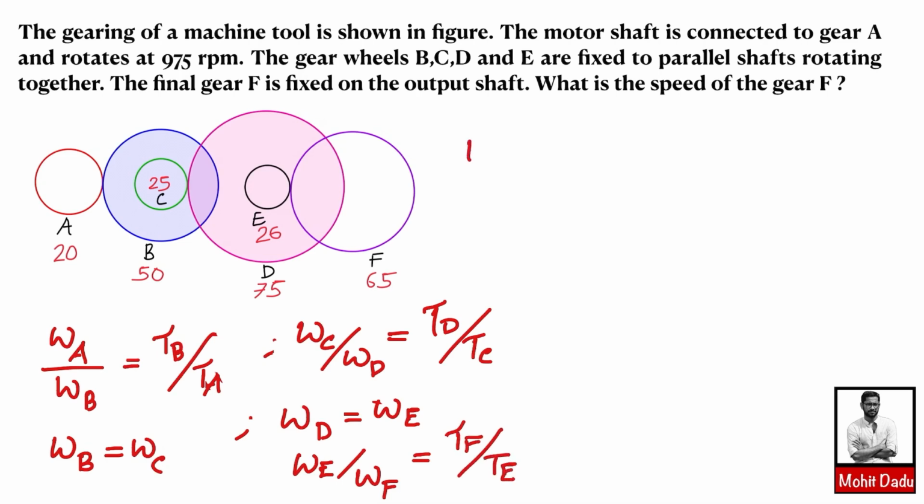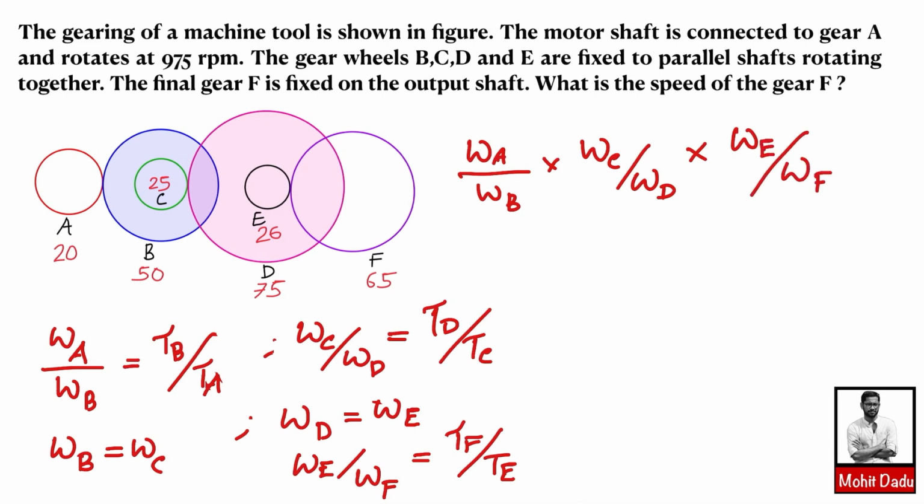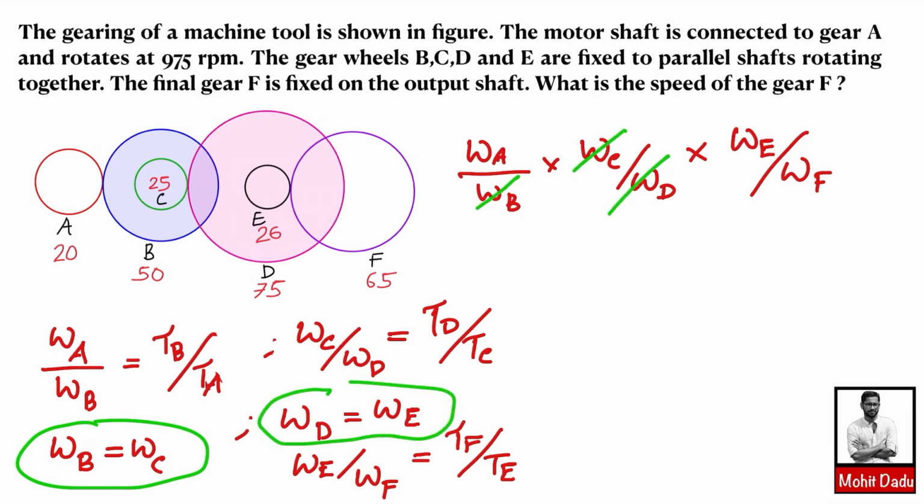If you multiply omega A by omega B into omega C by omega D into omega E by omega F, since omega B equals omega C, these two terms get cancelled, and also omega D equals omega E, so these two terms get cancelled.